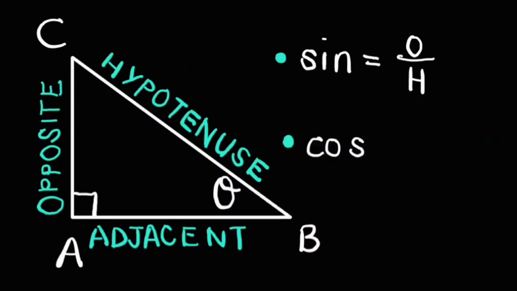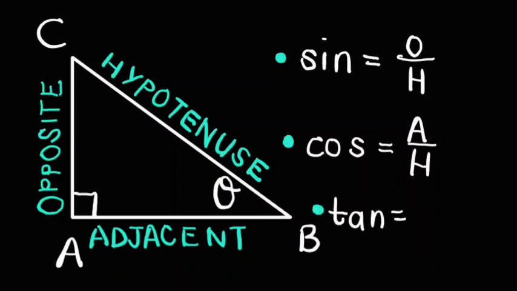The next trig ratio is known as cos. So cos in terms of theta is adjacent over hypotenuse. So I'm just going to write that as A over H. So notice the difference. Sine is opposite over hypotenuse. Cos is adjacent over hypotenuse. And there is one more.